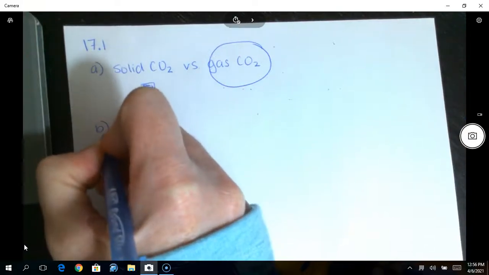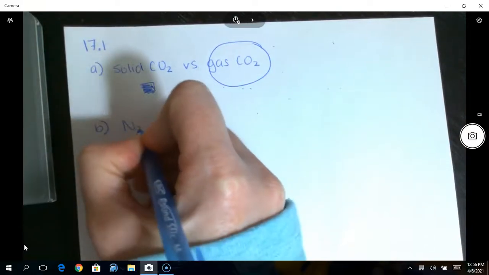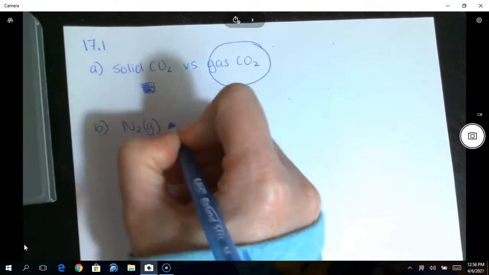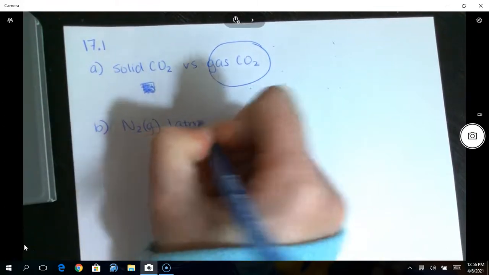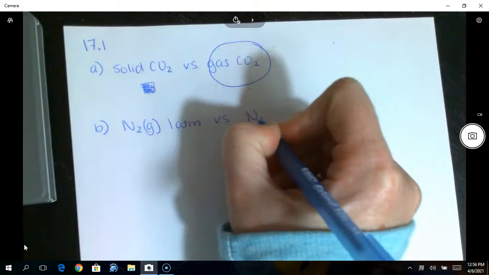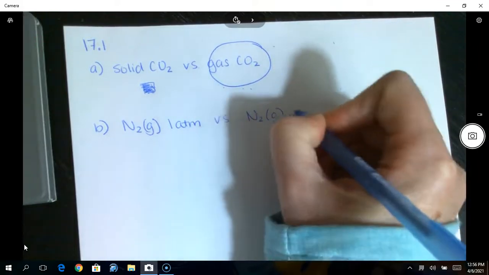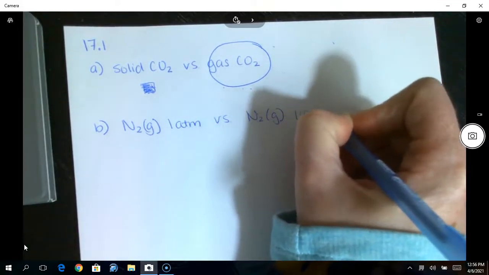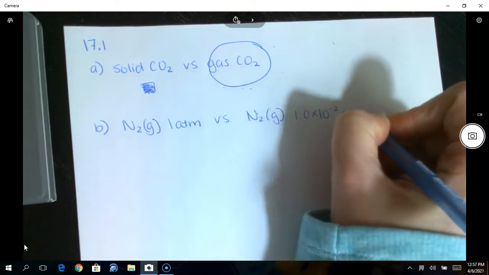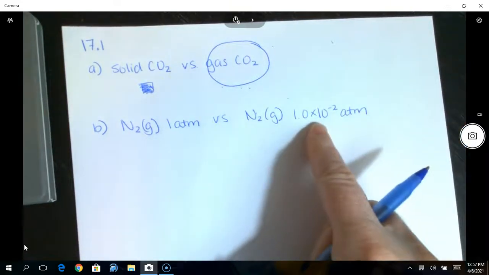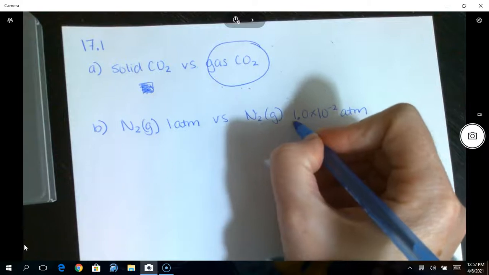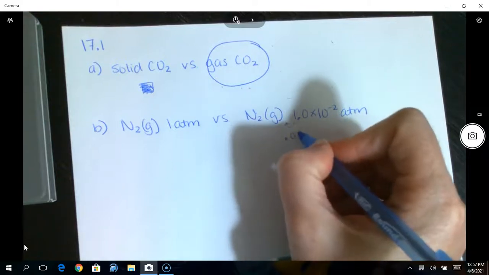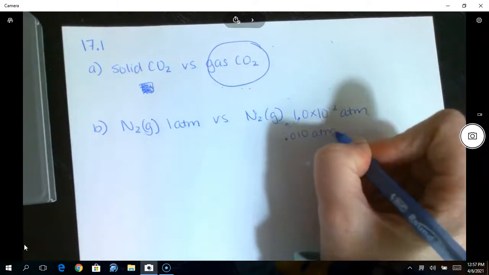Okay, the next example is we have N2 gas at 1 atm versus N2 gas at 1.0 times 10 to the negative 2 atm. And for me, writing this out is really helpful. So my decimal goes 1, 2 over, so this is 0.010 atm.